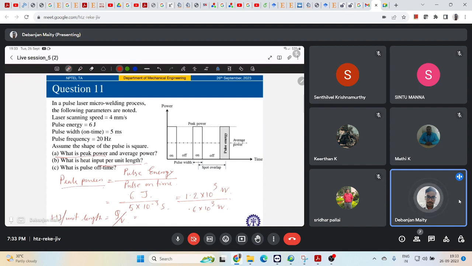I have my peak power, 1.2 into 10 to the power 3, in watt, joule per second, and the speed is 4 mm per second. How much is this coming?